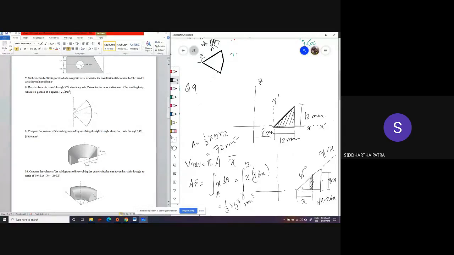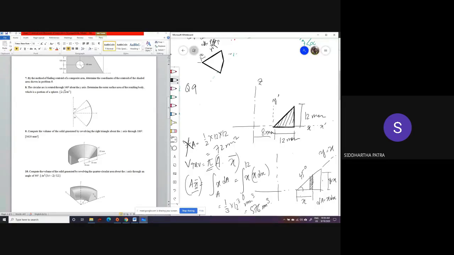You actually don't need x bar, you simply calculate A x bar and multiply with pi. That should give you the volume of revolution. So this quantity you can calculate, and this is fine.